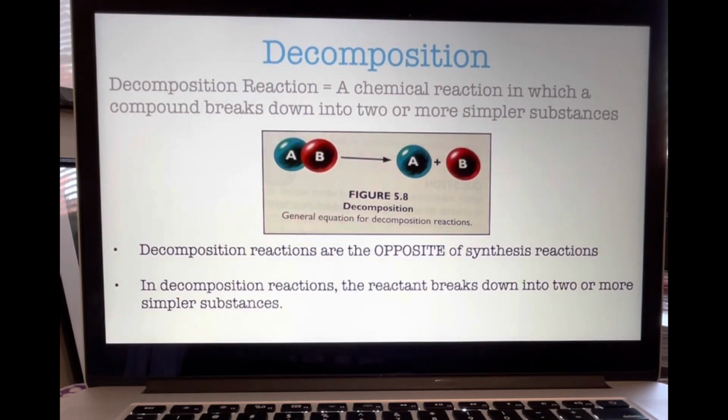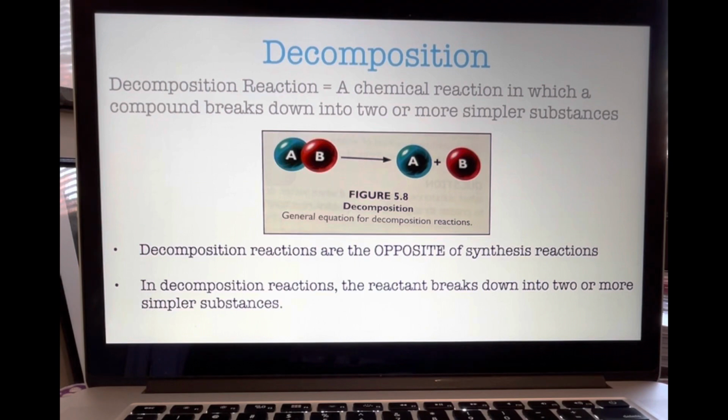Decomposition. Has your mom or dad ever used hydrogen peroxide on your scraped cut? Did you ever notice that the bottle of hydrogen peroxide is always a dark, opaque brown? Have you wondered why? The reason that hydrogen peroxide is always kept in this type of bottle is that hydrogen peroxide must be protected from light.